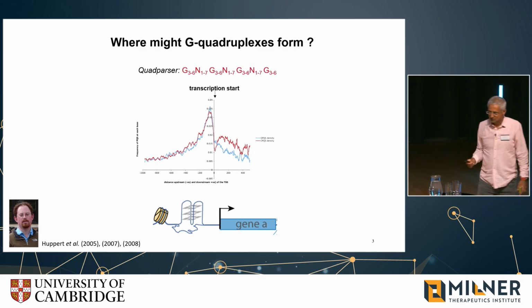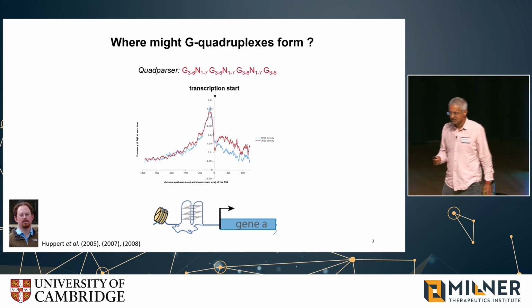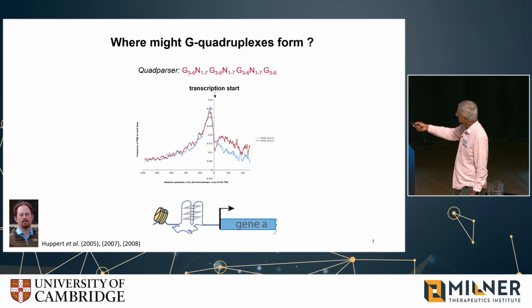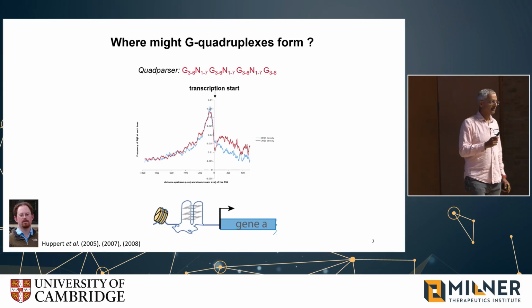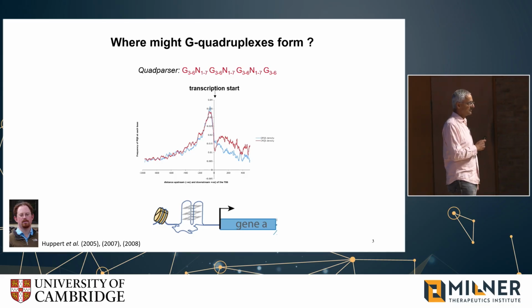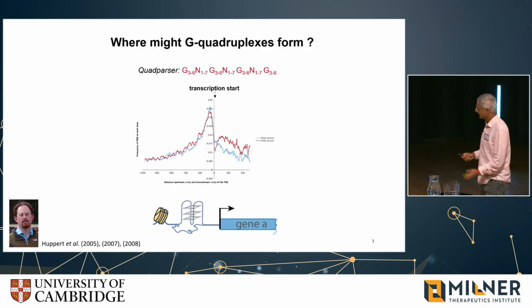So we and others thought this is an interesting observation, and it led to the hypothesis that maybe these structures can form in one strand in these locations, which are very sensitive locations for the transcription promoting or inhibiting machinery. So this is a regulatory hotspot.